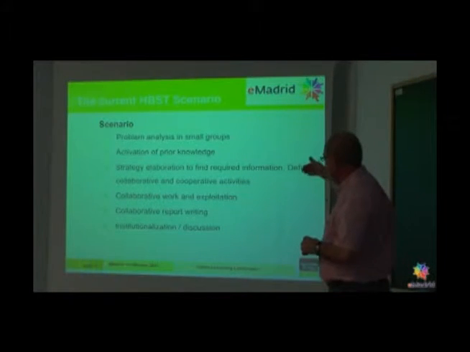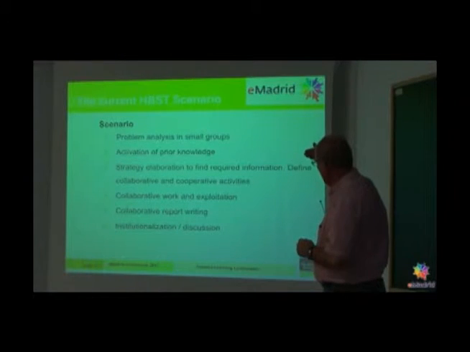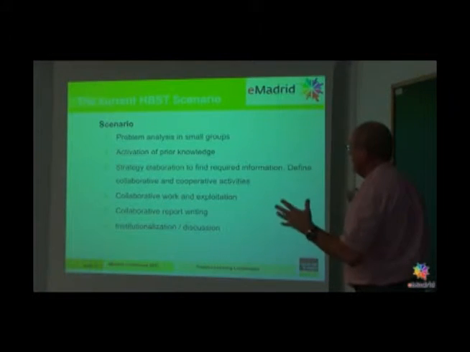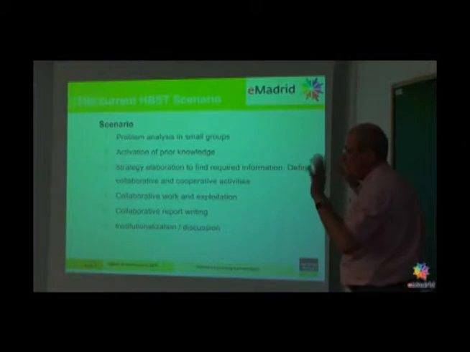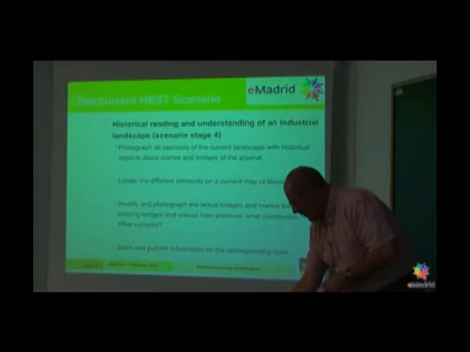And after that, they have to collaborate and to exploit what they retrieve. They have to write a report, and at the end they have discussions, and the tutor has to give them, to some extent, the right answer, something like this.